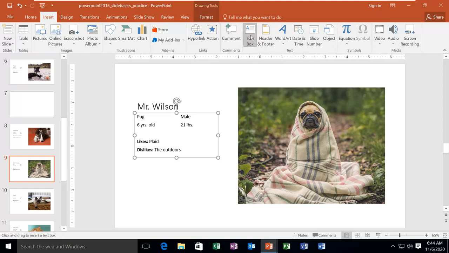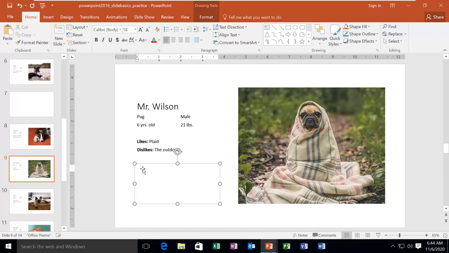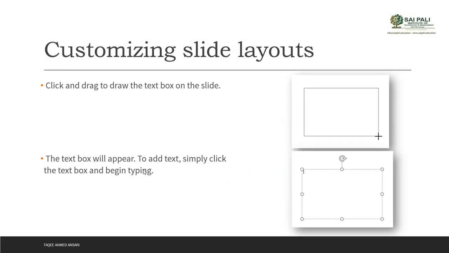When I click on it, my mouse arrow changes. Then I can drag and draw the text box, and then I can add whatever I want here. It will work like a normal placeholder.